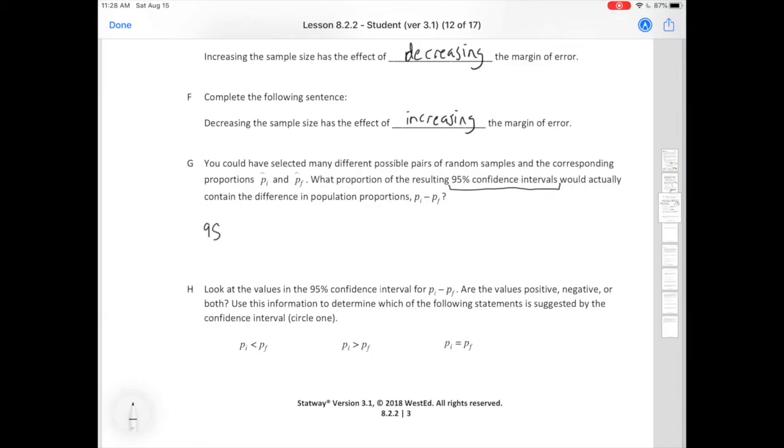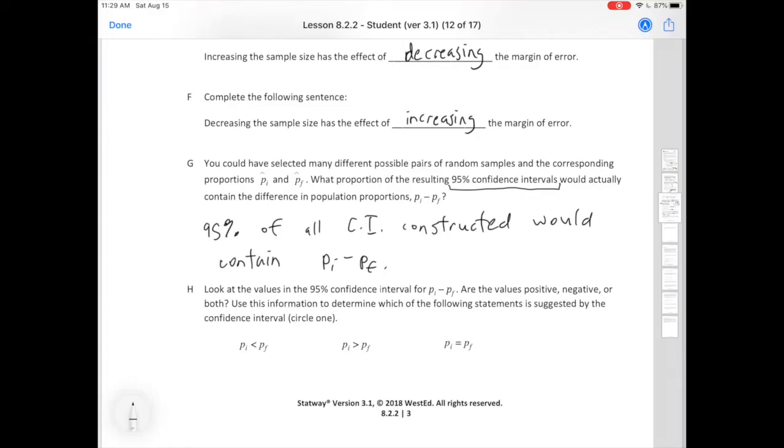So 95% of all confidence intervals constructed would contain pi minus pf.